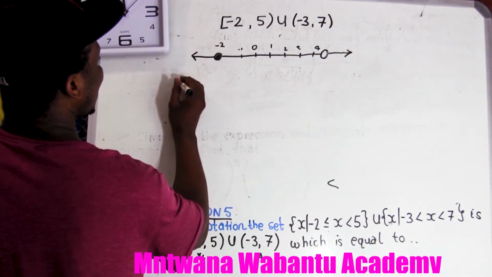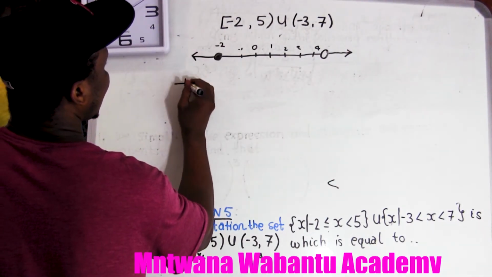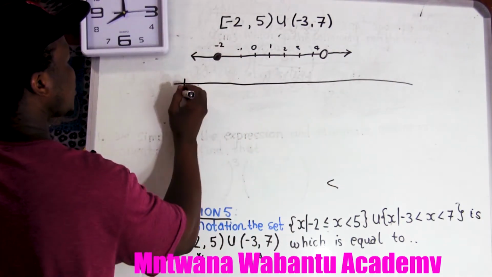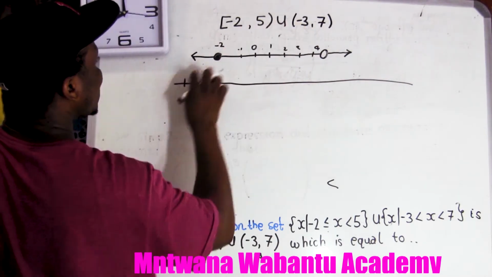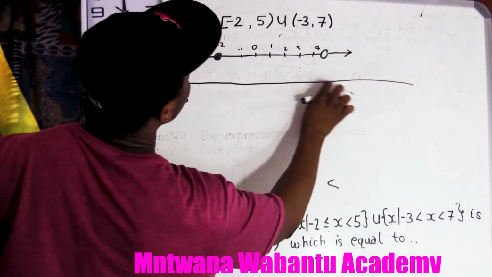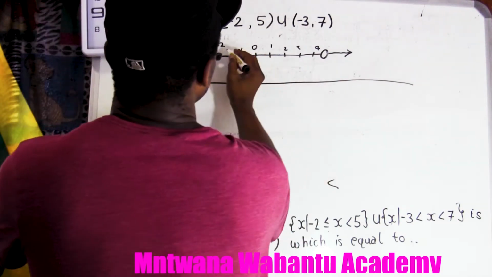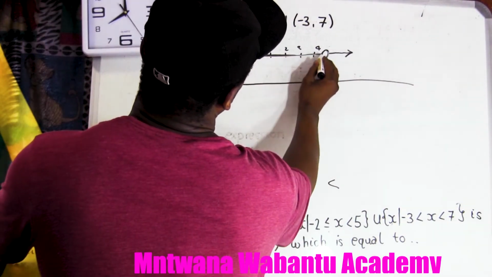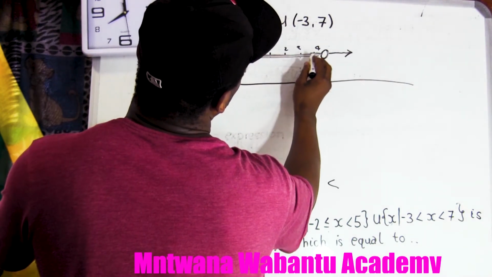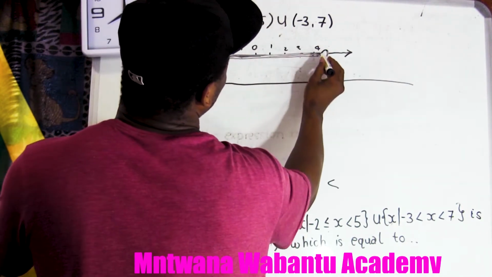So -3 is going to be somewhere here, all the way to 7, but it's excluding, so it's like this. So this is what the first one represents. Let's do this, it's going to make a lot of sense, because what is involved is from -2 to 5, so you must bold it.